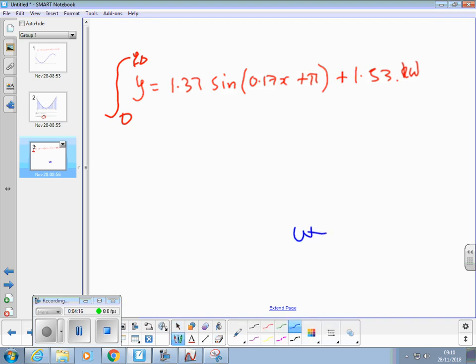Watts are equal to joules per second. We have a function of x inside another function. It's like a function of a function, but we're not differentiating here, we're integrating. What we need to use is algebraic substitution.